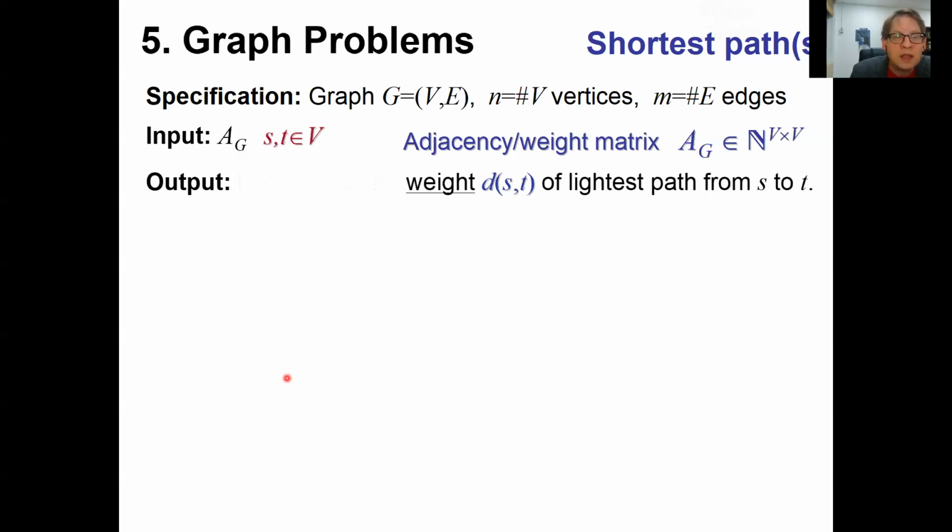And another generalization that we already consider here, because the algorithm will support this, is the weighted version of the problem. Not just the length, where we simply count the number of steps taken for a path from S to T, but the lightest path, the weight of the lightest path, where different edges may be assigned different weights on input.